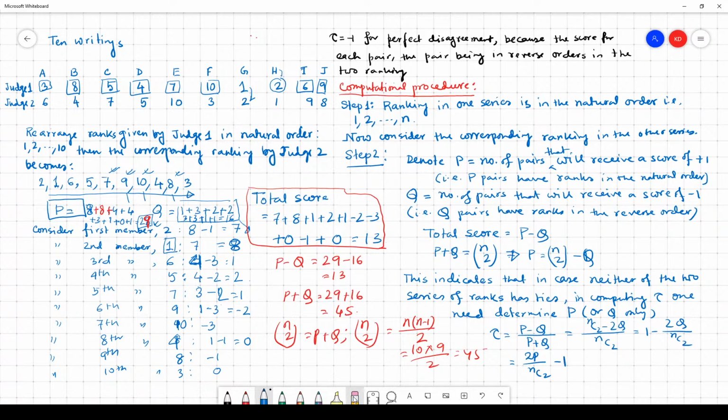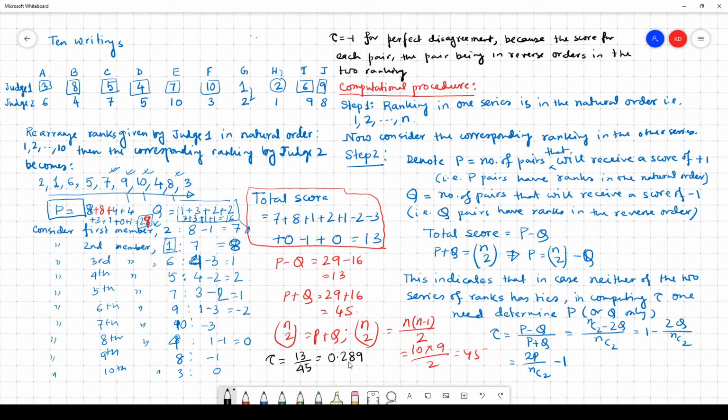And according to this formula, here our tau equal to total score 13 divided by NC2, that means 45, which is equal to 0.289, which indicates there is not a good association between the two characters.